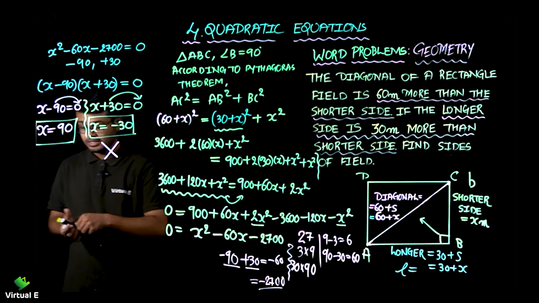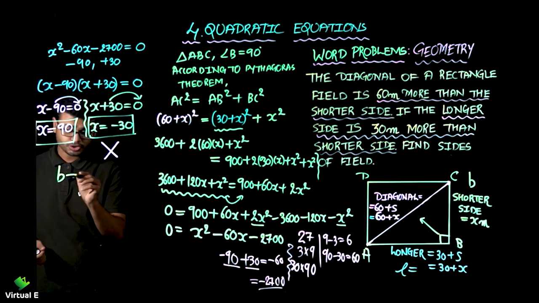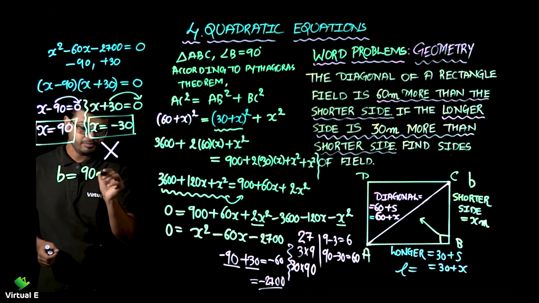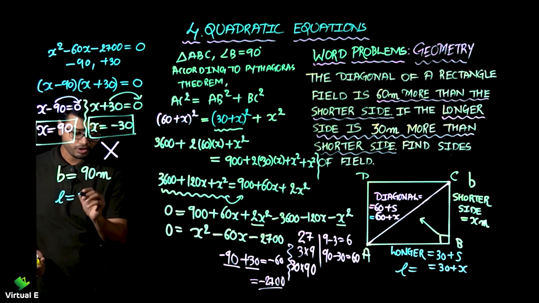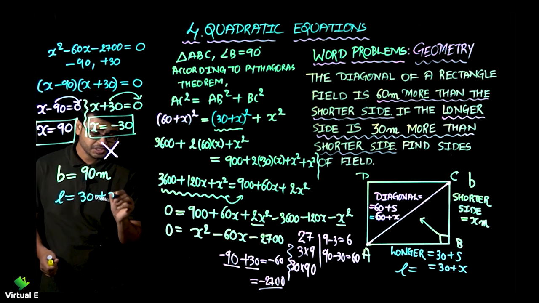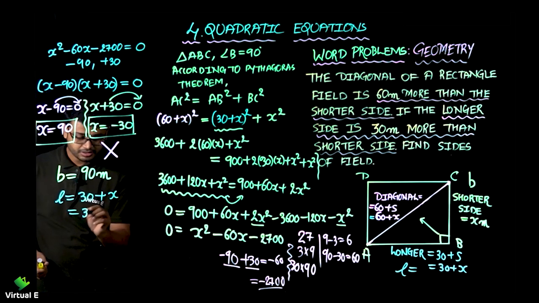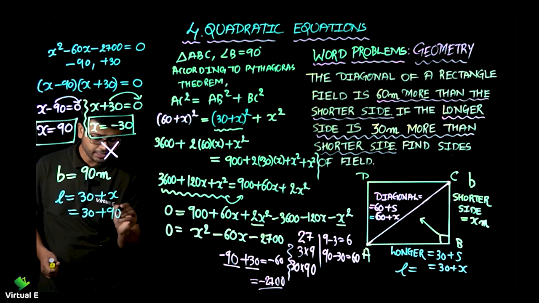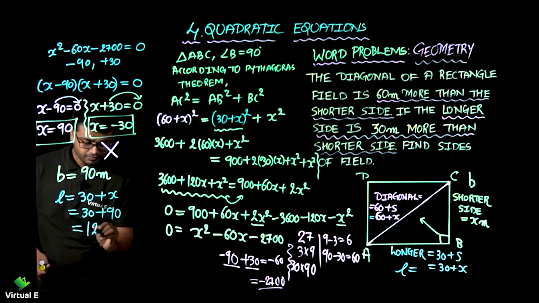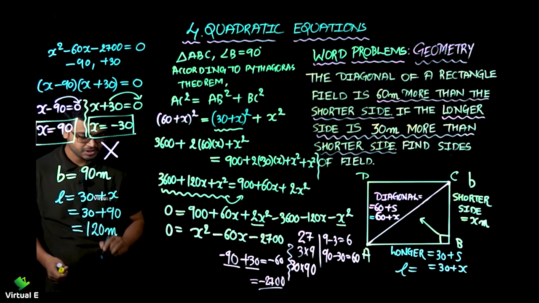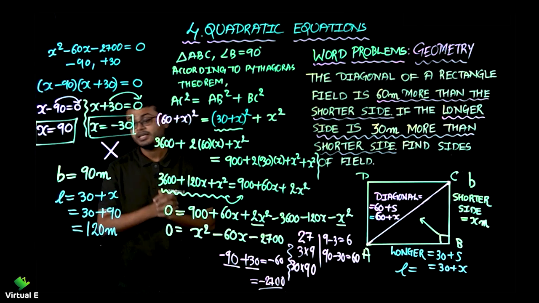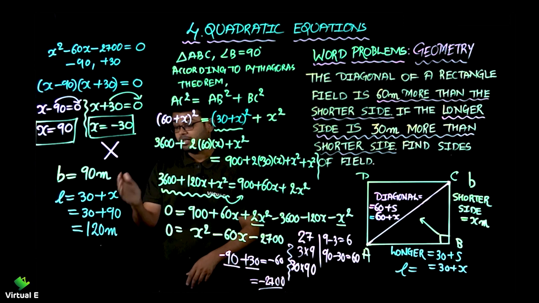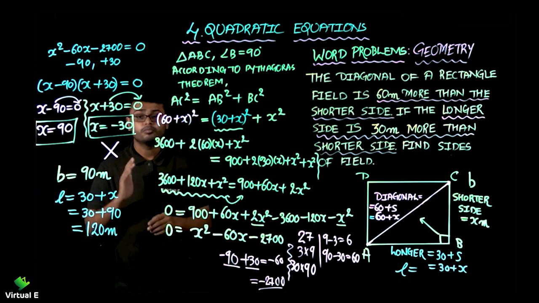So the breadth, or shorter side, is 90 meters, and for the length we have 30 plus 90, and that will give you 120 meters. So the dimensions or sides of the rectangular field are 120 meters length and 90 meters breadth.